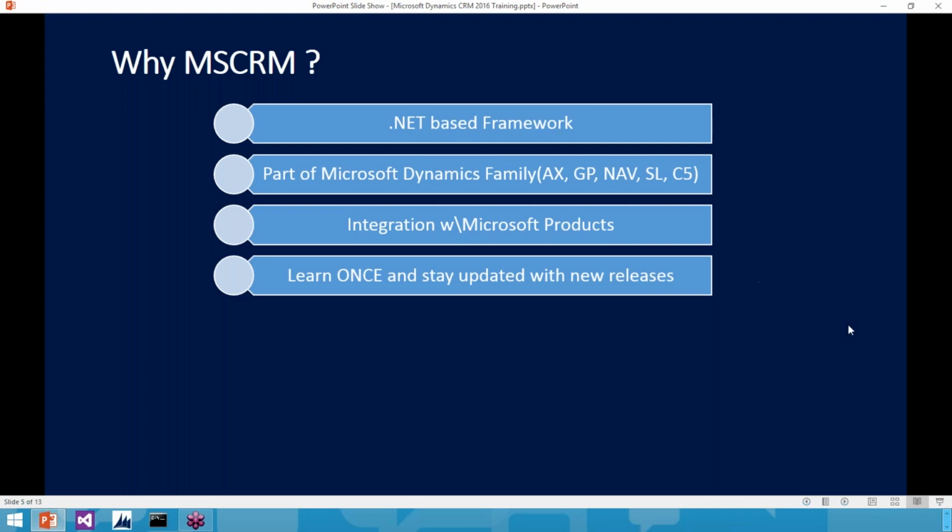So if you learn CRM once, you can survive for at least the next 4 to 5 major releases. But you need to stay updated with the new features that come out with every release. And again, it will boost your resume, and it will help you market yourself in the IT world.